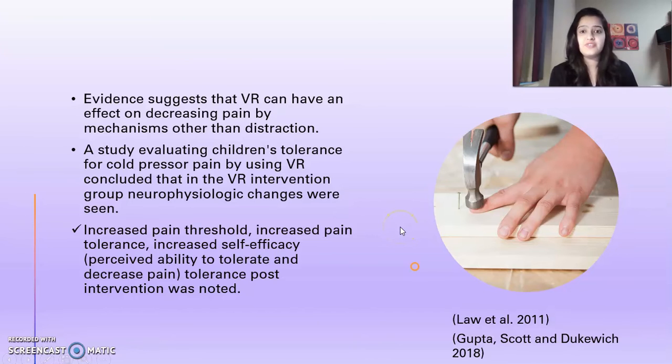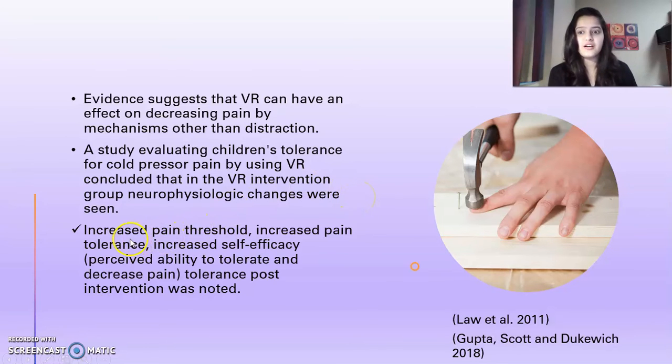Evidence suggests that VR can have an effect on decreasing pain by mechanisms other than distraction. There was a study done evaluating children's tolerance for cold pressor pain by using VR, and it concluded that in the VR intervention group, neurophysiological changes were seen and they were much better.